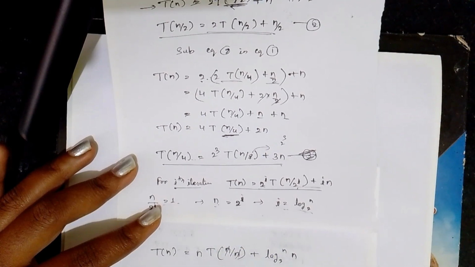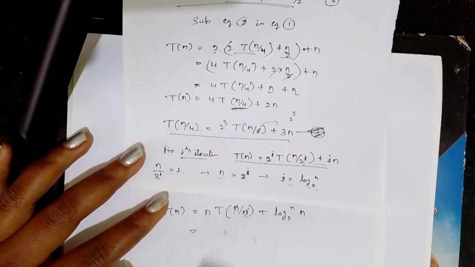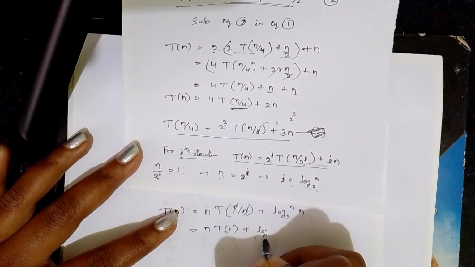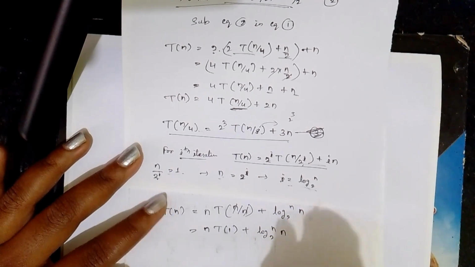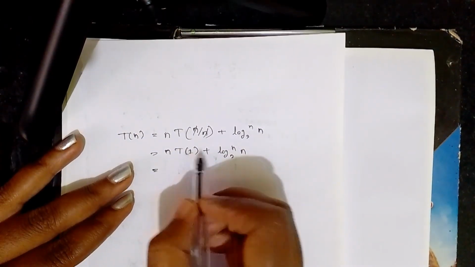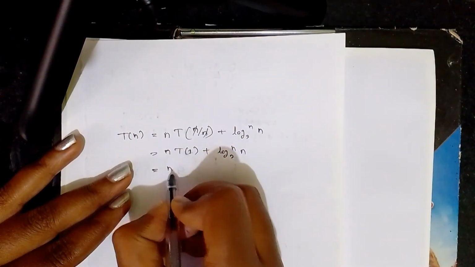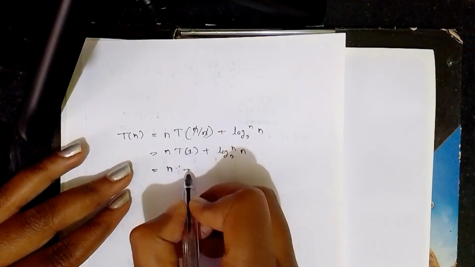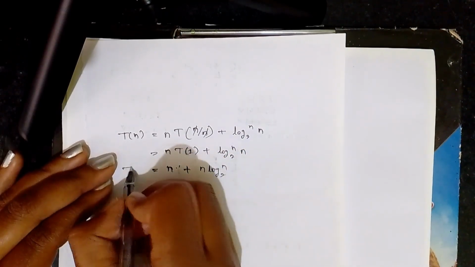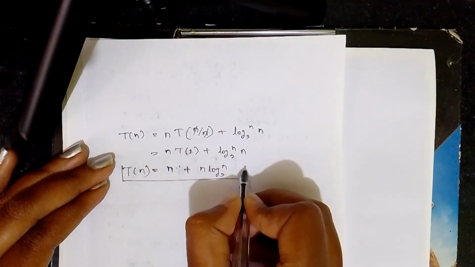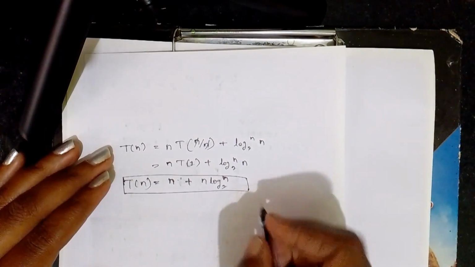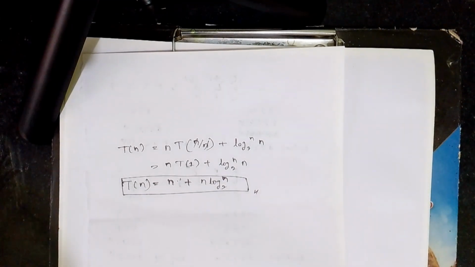This n will get cancelled, and we are left with n log base 2 of n. Now T(1) is equal to 1, so into 1 we will get only n plus n log 2 n. So this is our result after analyzing using the master theorem. This is the analysis of quicksort.